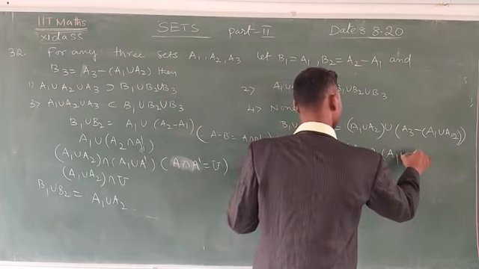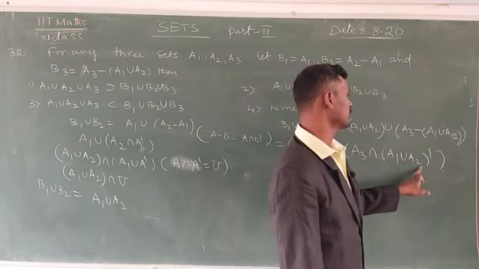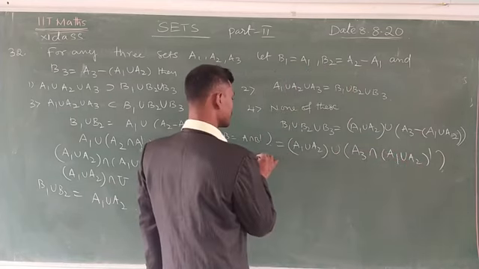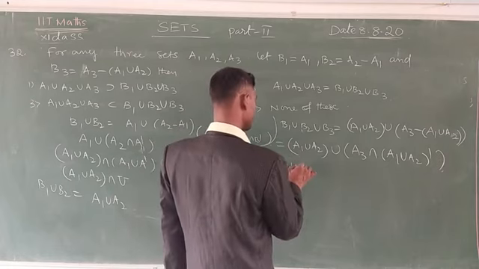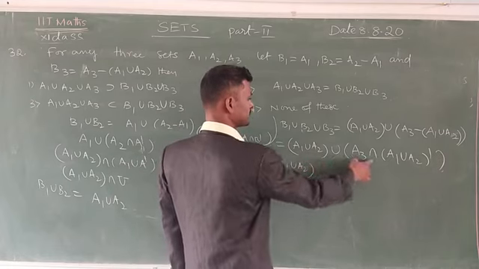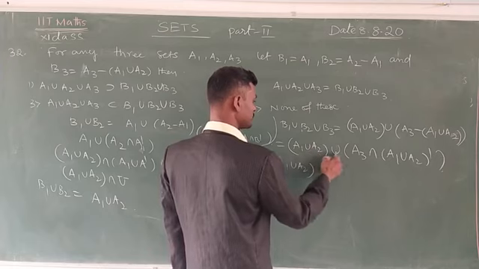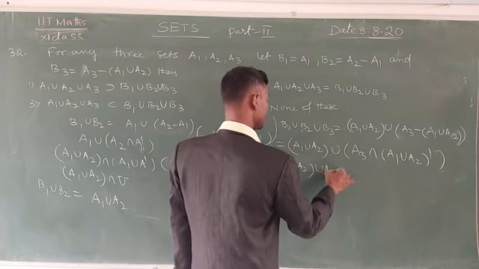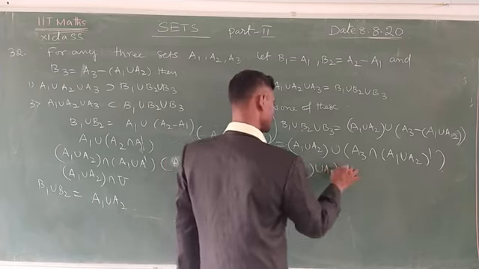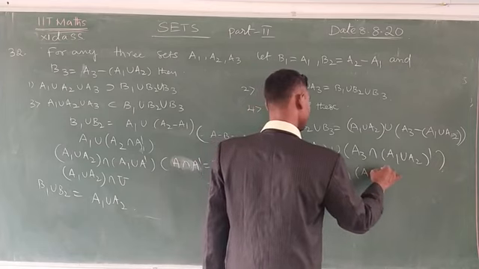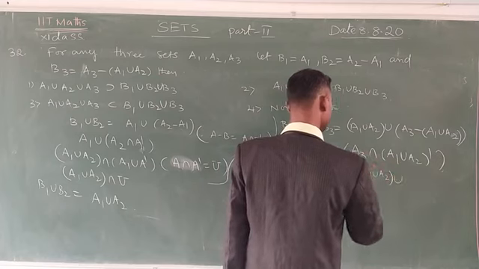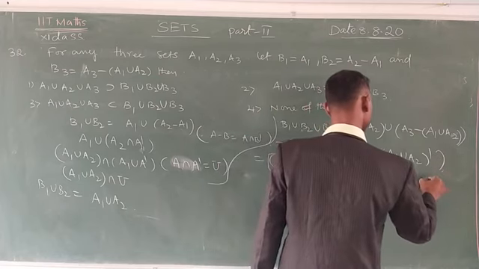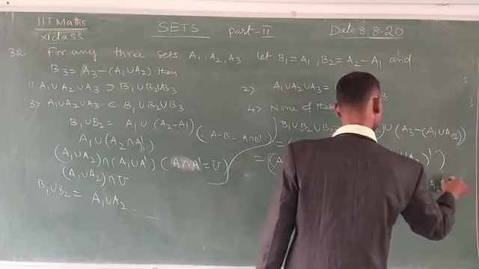Now see here, minus means intersection and B dash. Now you can write here A1 union A2 union, you can apply here the distributive law. A1 union A2 union A3, intersection A1 union A2 union (A1 union A2) whole dash.